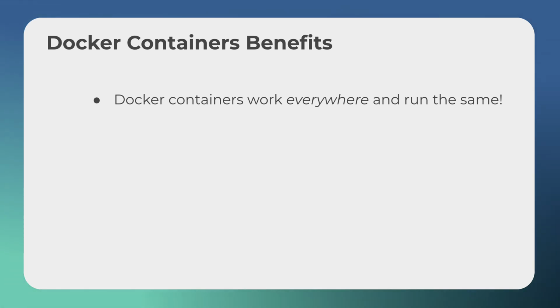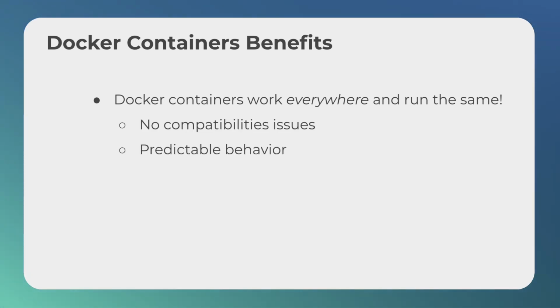All we need is Docker, as a platform running on that system, and then that application will be able to run independent of the overall operating system. So again, no compatibility issues anymore. We have predictable behavior on how the application should run. And of course, this is less work because, again, there's no need to configure things here and there. Everything just works.